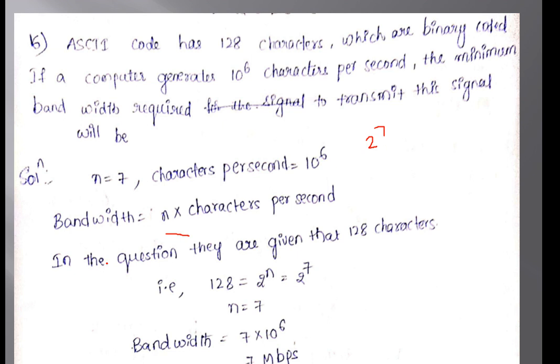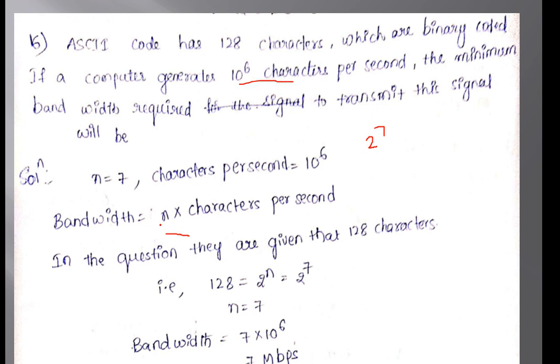The bandwidth formula is n into characters per second, and here the ASCII code has 128 characters, that's why the n value is 7. In the question they clearly mention 10 power 6 characters per second.